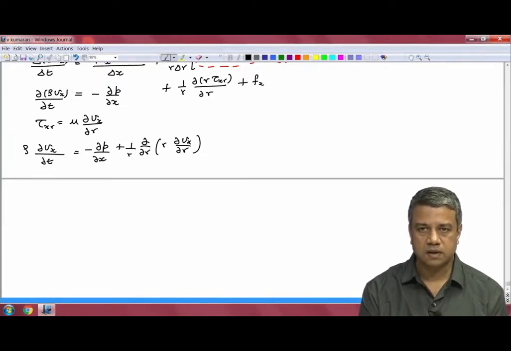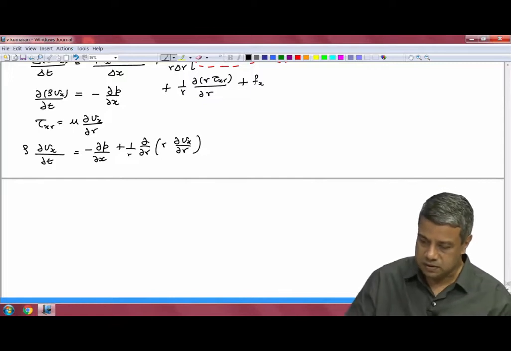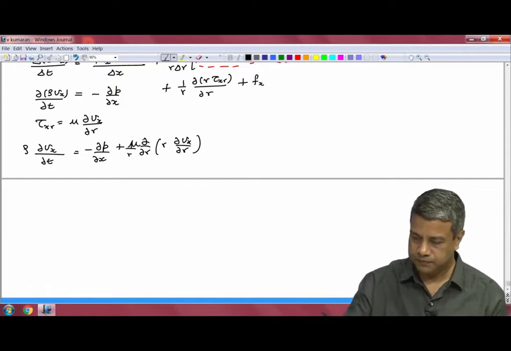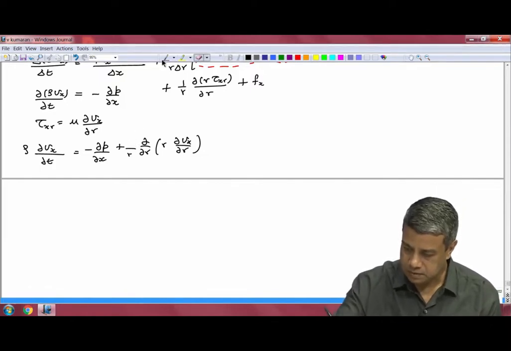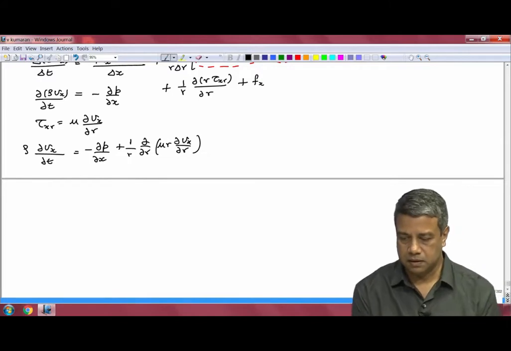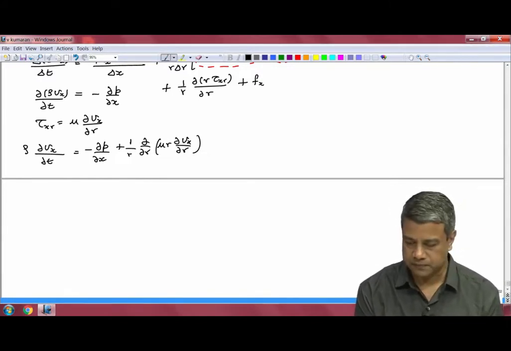There is no flow perpendicular to the axis. The flow is entirely along the axis. And similarly, there is no viscous contribution also. I should put a viscosity here, since the shear stress has a viscosity in it.